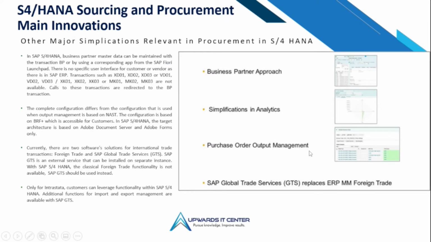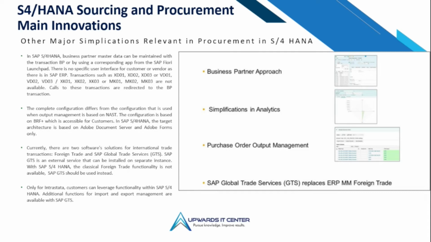Moving forward, for the other major simplifications relevant for procurement in S/4HANA, we can highlight the business partner approach. The customer and vendor master data will not be available anymore in S/4HANA, but we're going to use the business partner that will join both master data in one single entity, with a single address for the customer and for vendors.